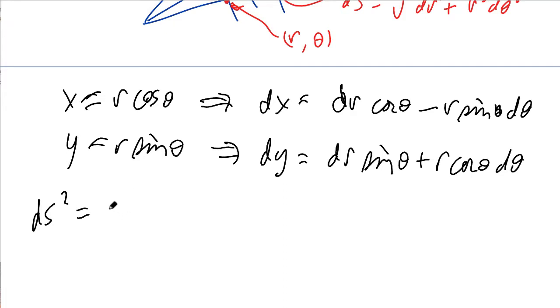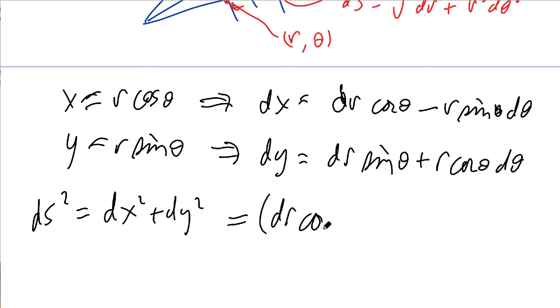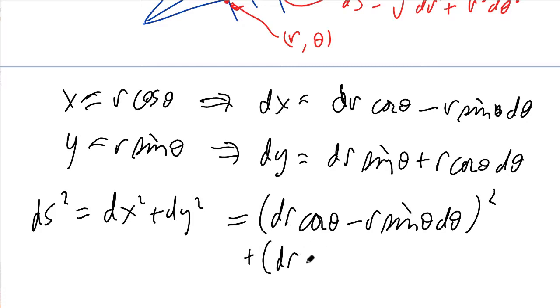And now we write the line element in Cartesian coordinates and just substitute these expressions for dx and dy. So this is (dr cosine theta minus r sine theta d theta) quantity squared plus (dr sine theta plus r cosine theta d theta) quantity squared.